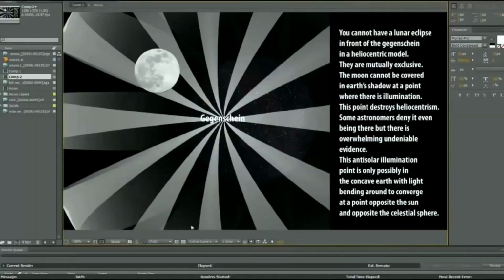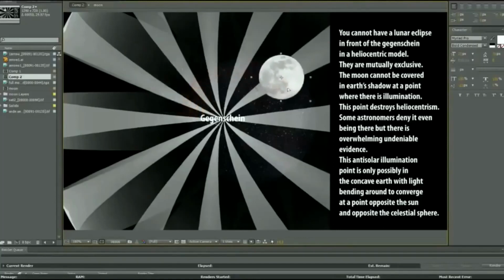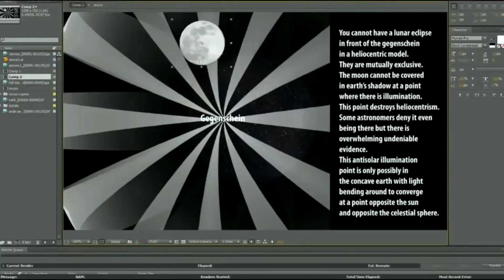Let's go back here in After Effects and play with the moon. So you take this moon, and you can move it around. See, when it's not orange like that, it's inside the apple of illumination.